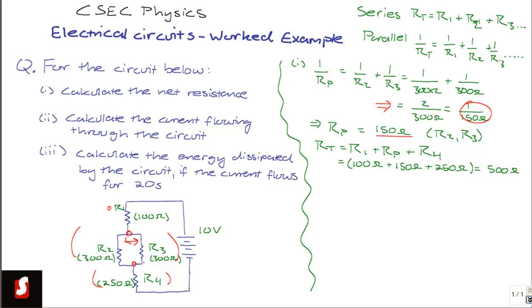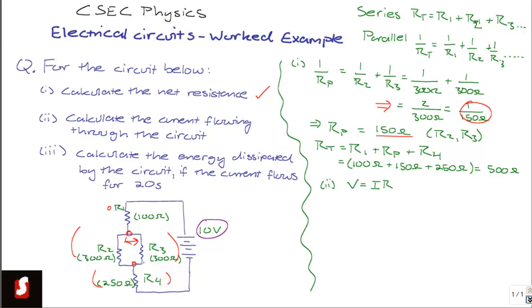So that's part 1. The next part asks us to calculate the current flowing through the circuit. Now the battery voltage is 10 volts, and Ohm's law states that the voltage across a resistor or group of resistances is equal to the current flowing multiplied by the value of R, which we can use to find the current.